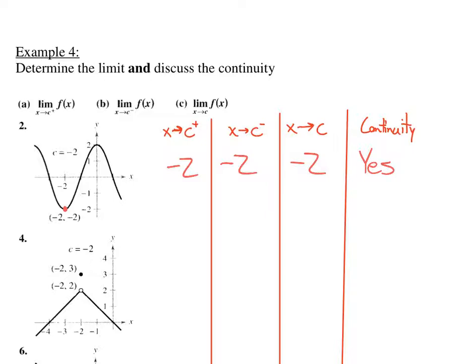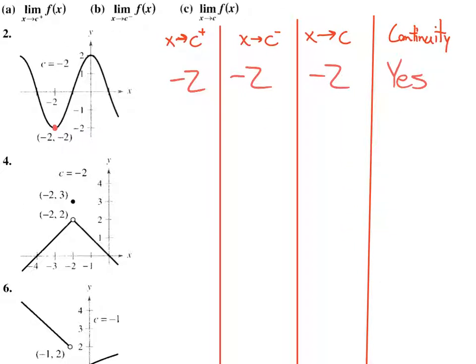Alright, how about number 4? Here again we're approaching -2, and you can see this function has an open point at -2, 2, and the function is defined at -2, 3. So what's our limit as x approaches c from the right? It's 2. How about as we approach from the left? 2.